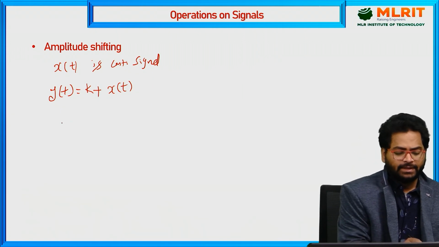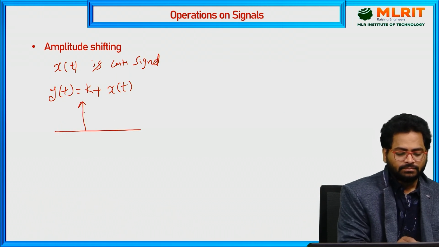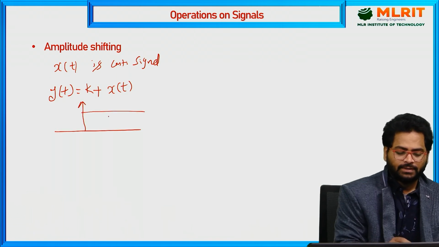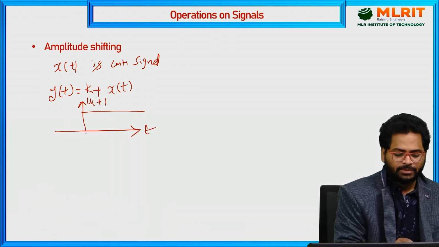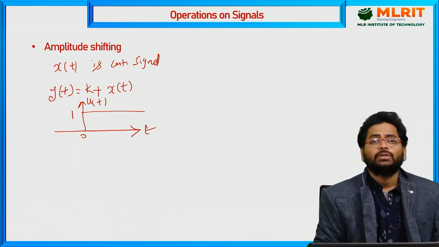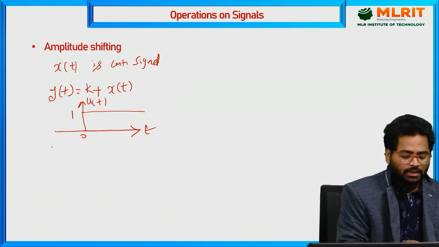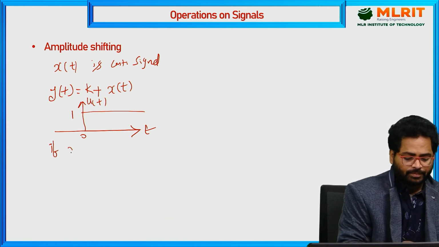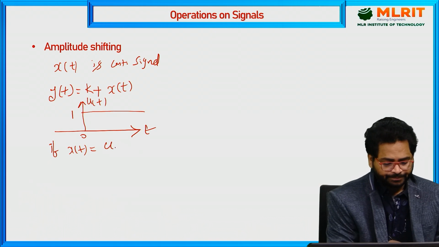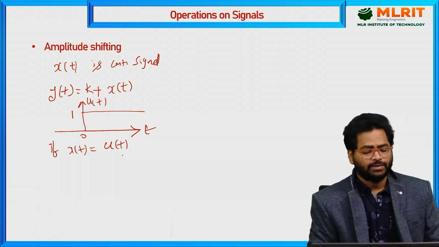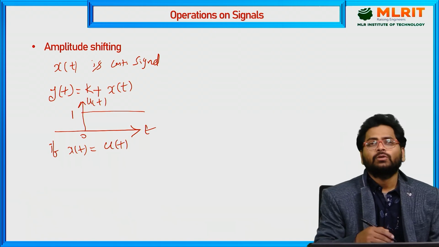That is, if I take the same signal, this is the amplitude of the signal. Let us say this is u of t, with respect to time t, 0 location, amplitude is 1. Now my x of t is equal to u of t, and I want to shift this signal.